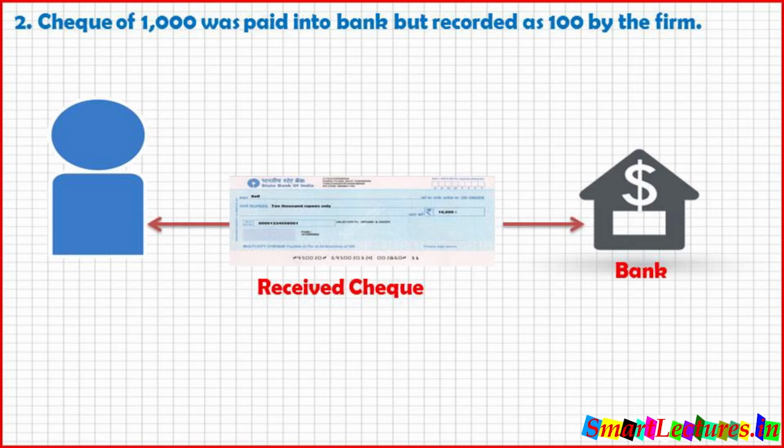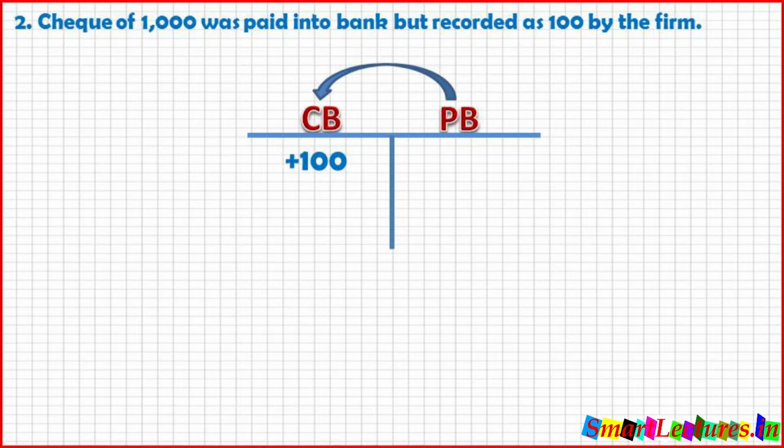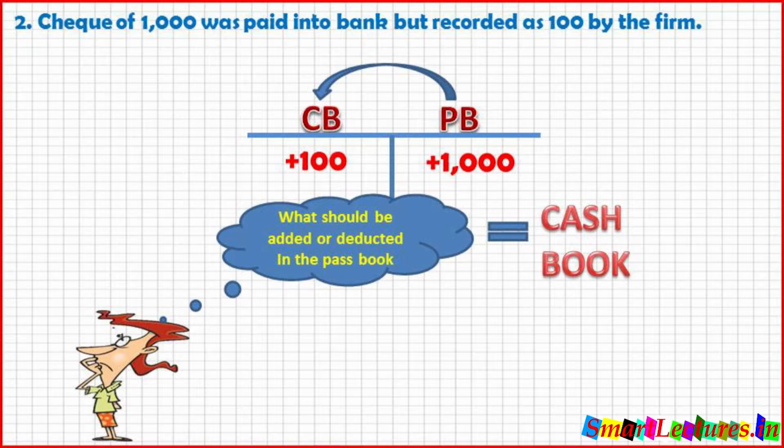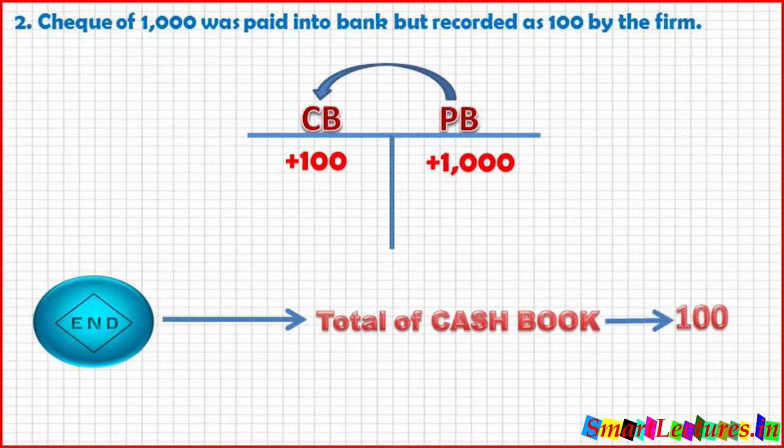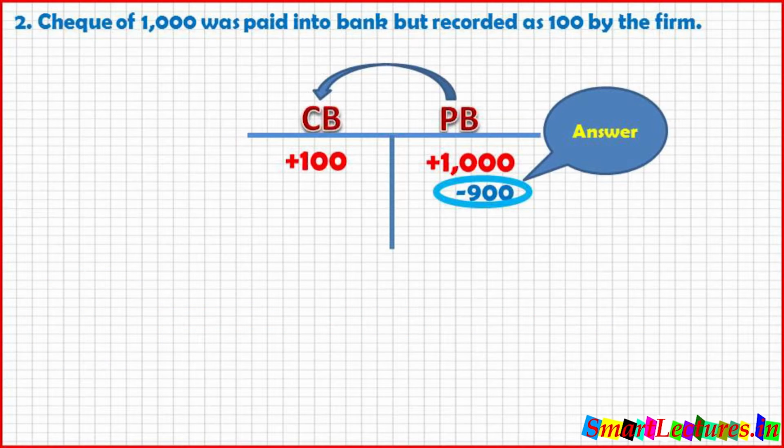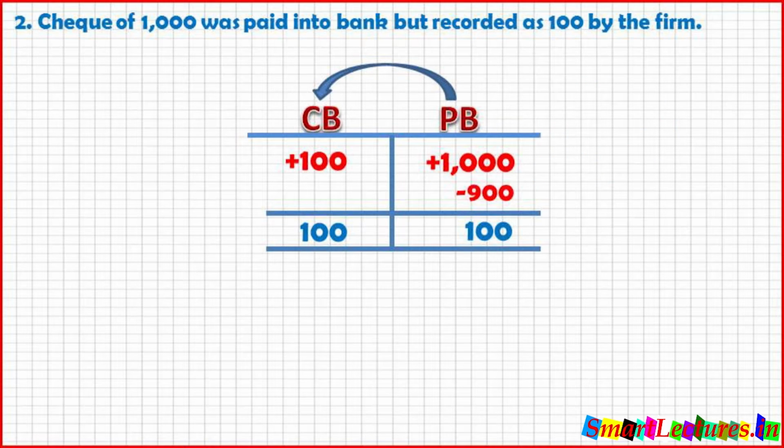It means cash book was showing plus 100 and passbook was showing plus 1,000. So what should be added or deducted from passbook that the total on both sides is plus 100, because we have to reach the total of cash book, that is 100. So our answer will be minus 900. In this way, the total on both sides will be plus 100.